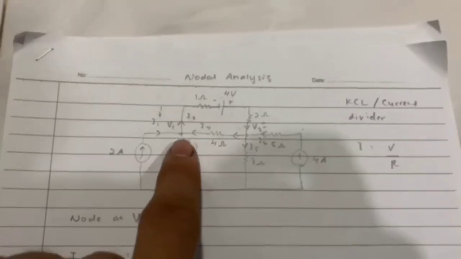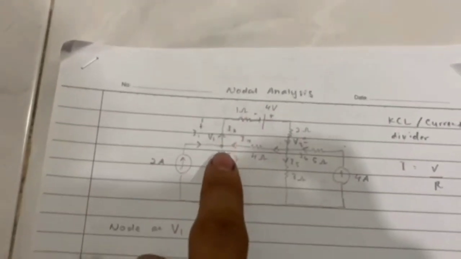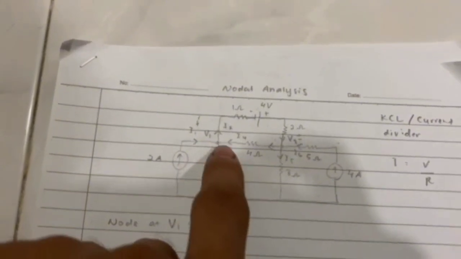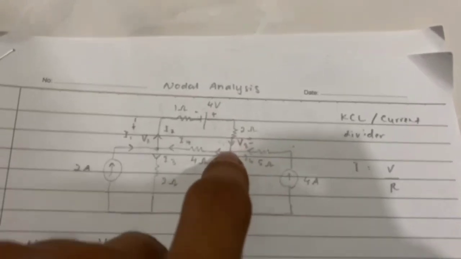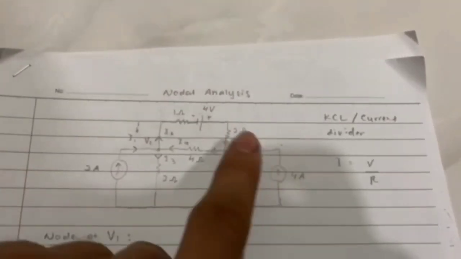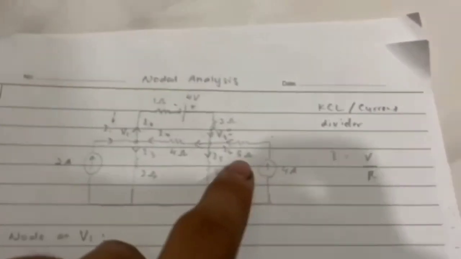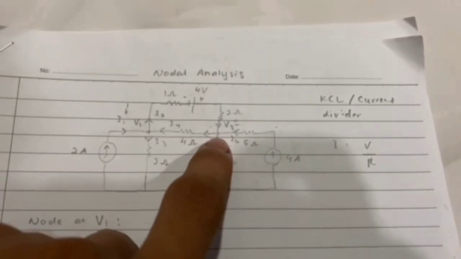Recapping from the node V1, the current exiting V1, which is I2, will enter the node V2. So we know I2 and I6 are entering the node V2.